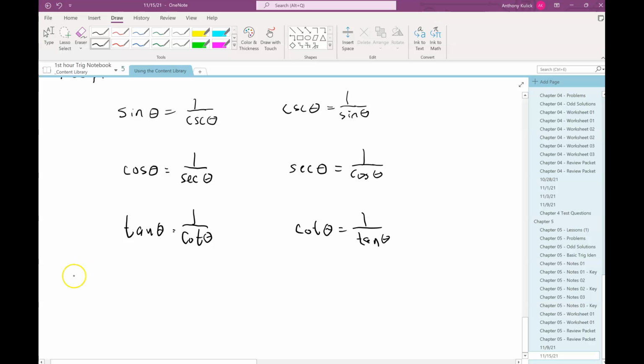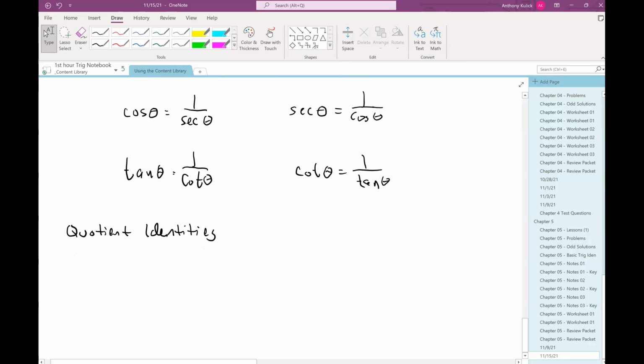The next set of identities we're going to talk about are the quotient identities. So if you remember back to when we evaluated things on the unit circle, tangent was y over x on the unit circle, right? And on the unit circle, the y-coordinate represented sine, and the x-coordinate represented cosine.